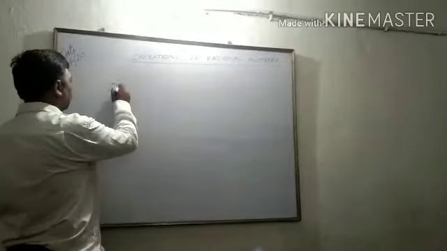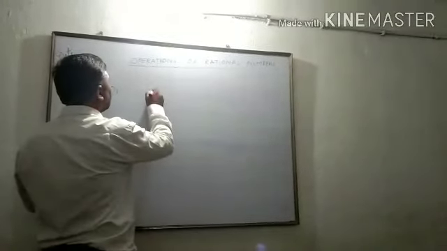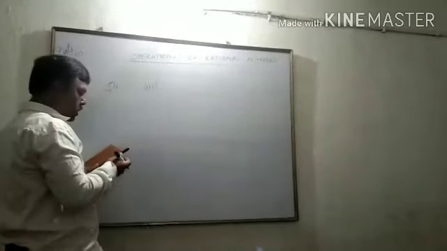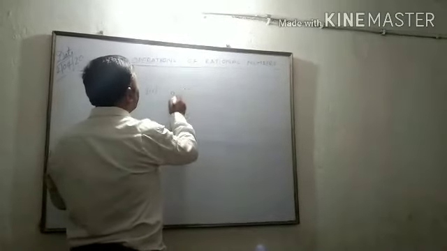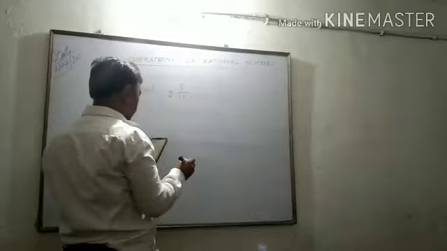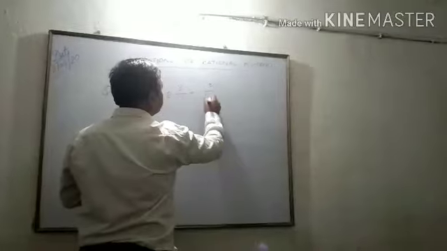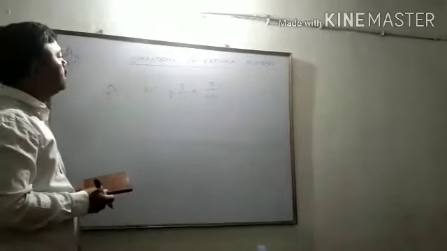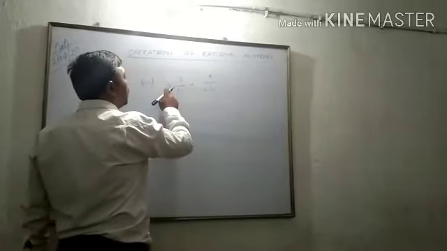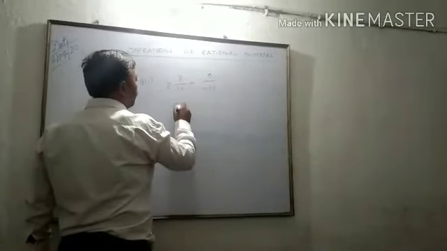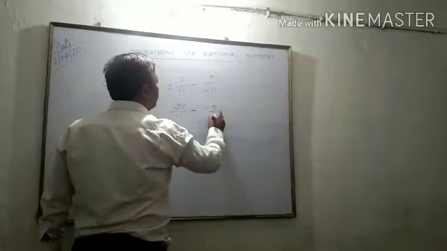Here is question number 1. The third question is given to you: 2 3 by 11 plus -9 by 11. We will solve this question as 11 times 2 is 22, plus 3 is 25, so 25 by 11 plus -9 by 11.